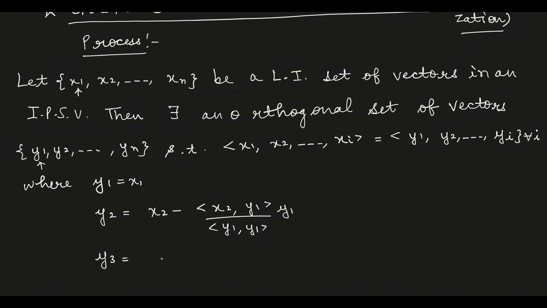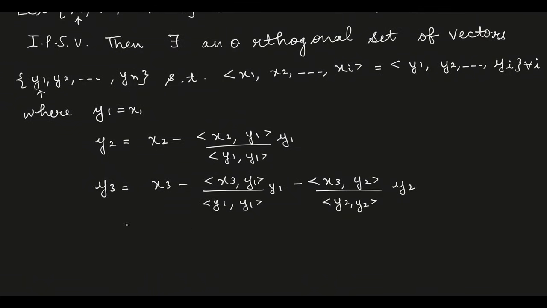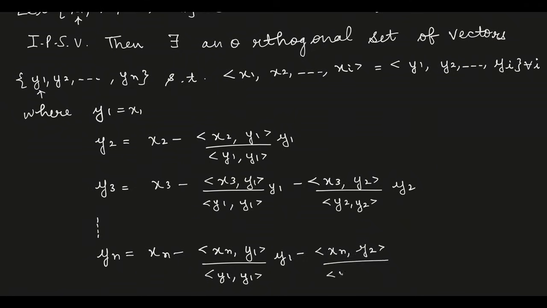Then y3 is x3 minus inner product of x3 with y1 (over inner product of y1 with y1) into y1, then inner product of x3 with y2, and so on, up to yn minus 1.